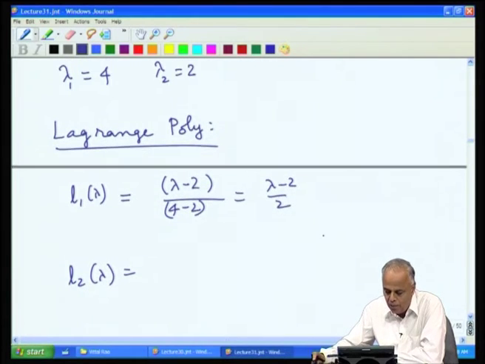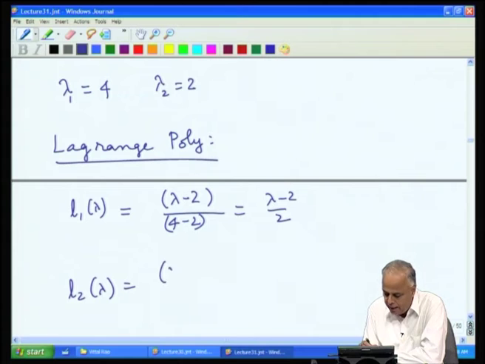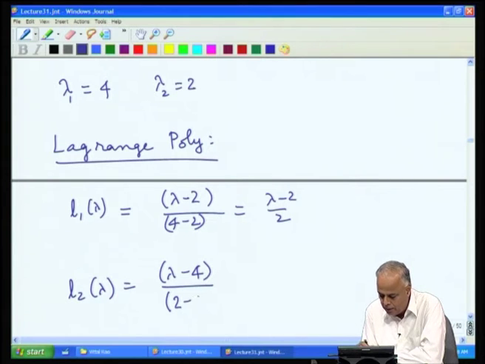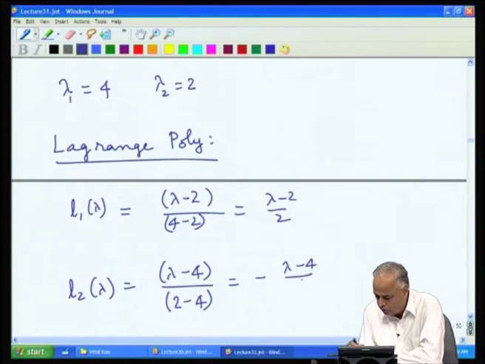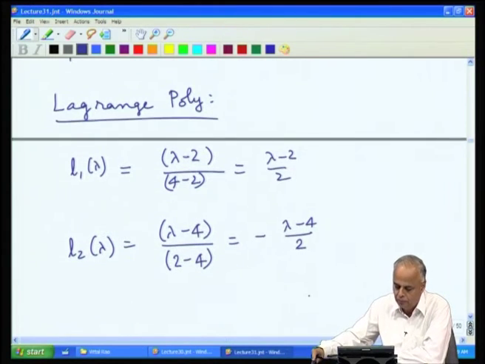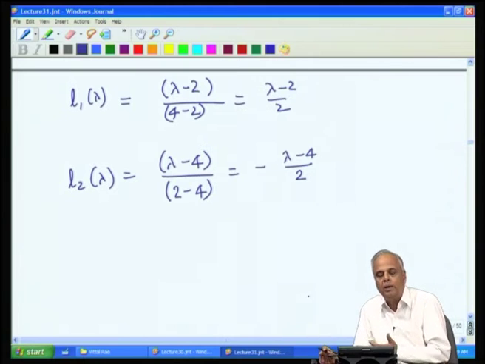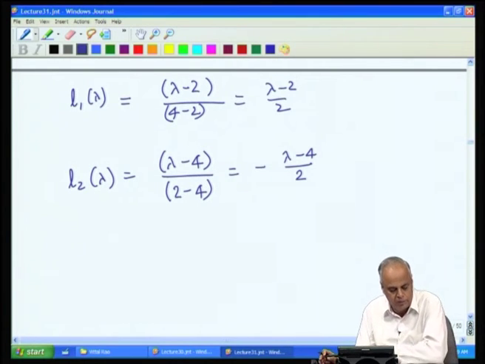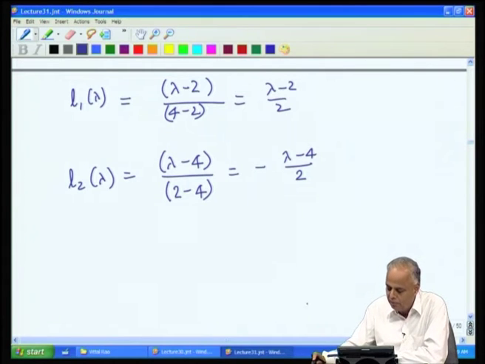To get the second one, skip the second eigenvalue and write only the factor involved in the first eigenvalue, and in the denominator replace lambda by the second eigenvalue, you get minus lambda minus 4 by 2. So, these are the only two Lagrange interpolation polynomials for this matrix, because there are only two distinct eigenvalues.